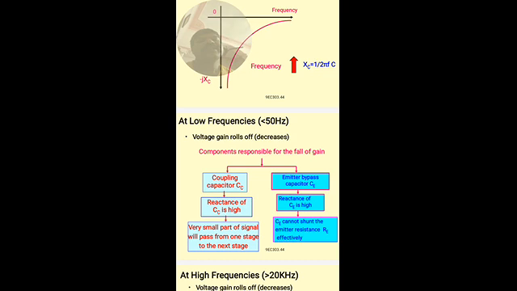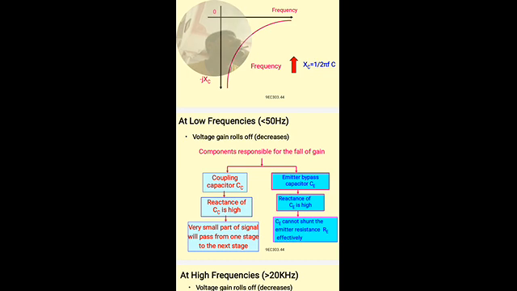So the reason why the gain falls at low frequencies is that the reactance of the coupling capacitor increases when the frequency is very low. When the reactance is very high, it will not allow most of the signal, so only a small part of the signal will flow from one stage to another for amplification, and the voltage gets reduced.